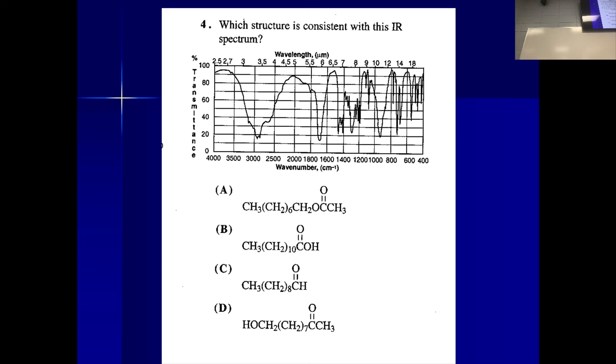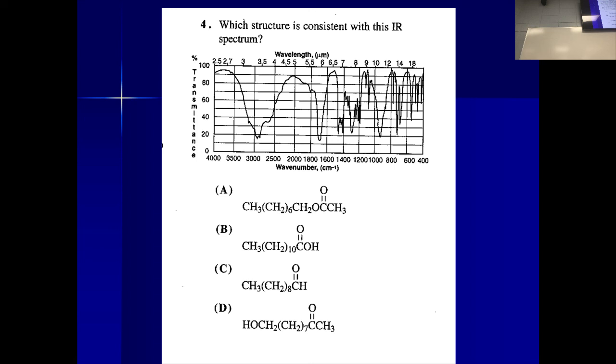What do I do now? Move on. What do I do? Do you see anything in the sp region? Nothing significant. Like 2,000, 2,500, it's not really a whole lot there. But notice how this looks.